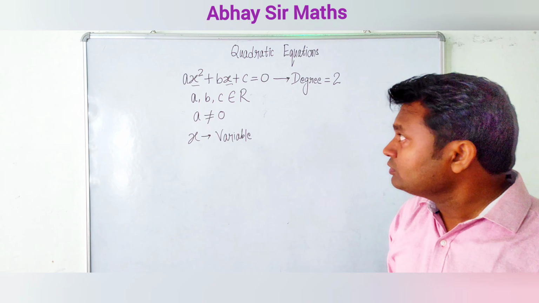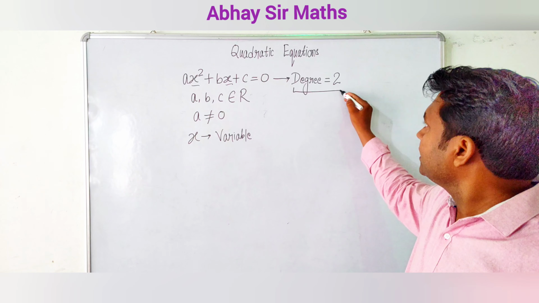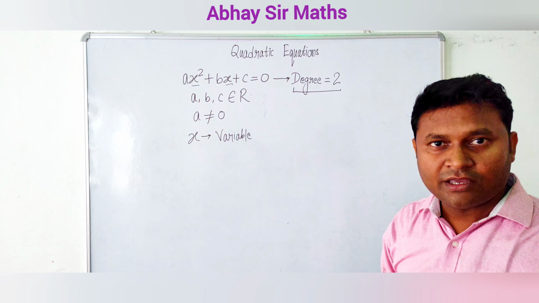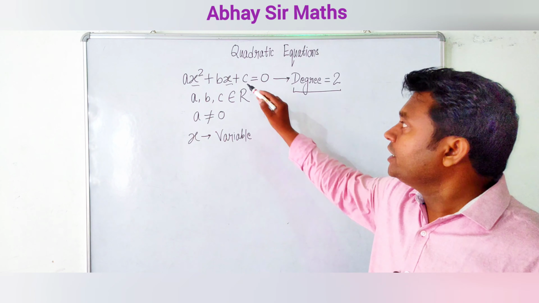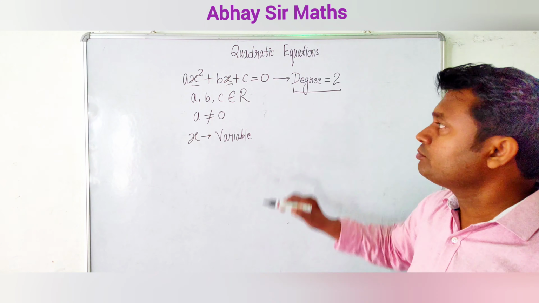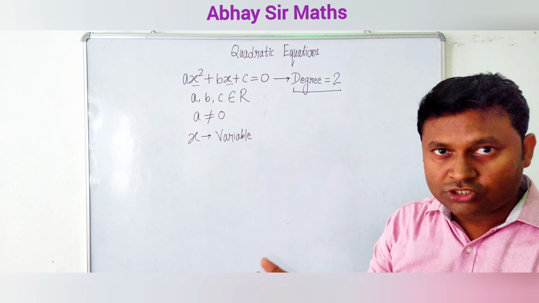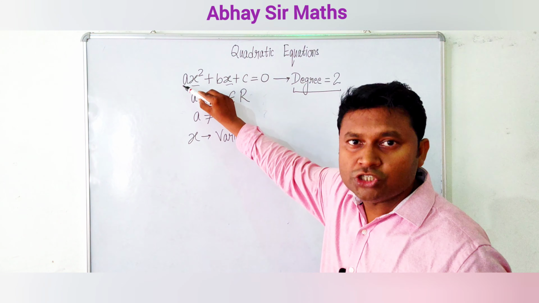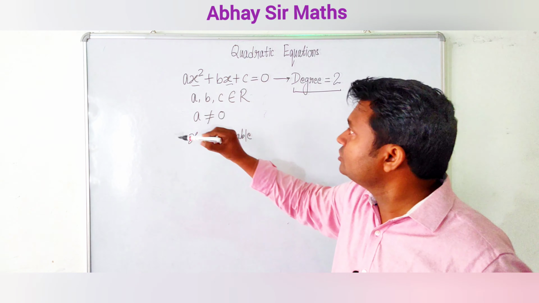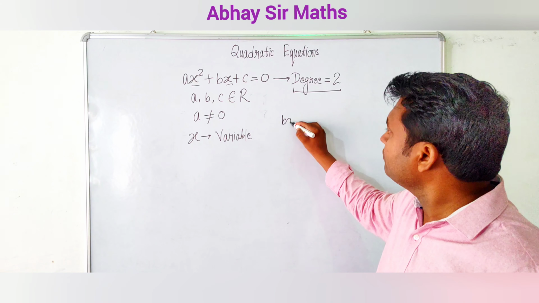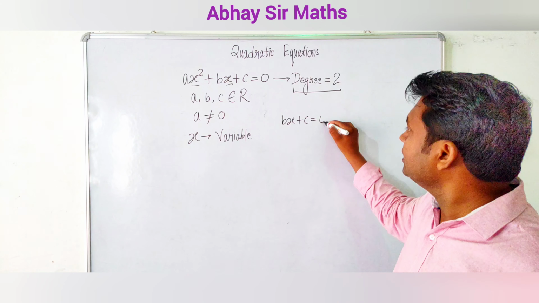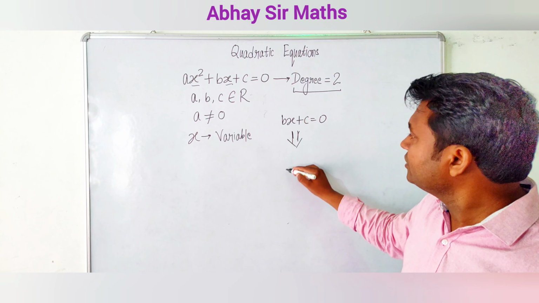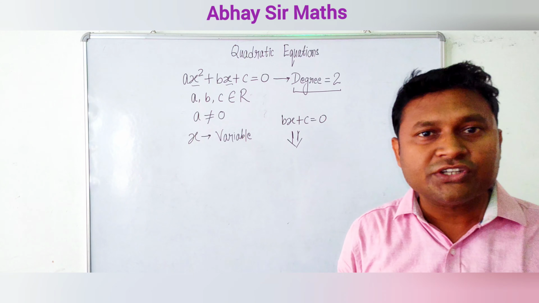This is the most important property of a quadratic equation, and a quadratic equation cannot lose this property. See what happens if it does. If a becomes 0, this whole term will become 0 and the remaining part will be bx plus c equal to 0. Can we call it a quadratic equation?